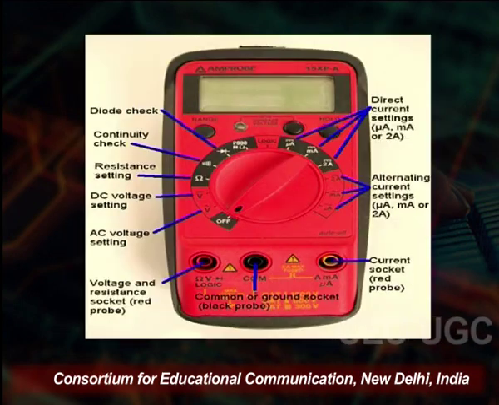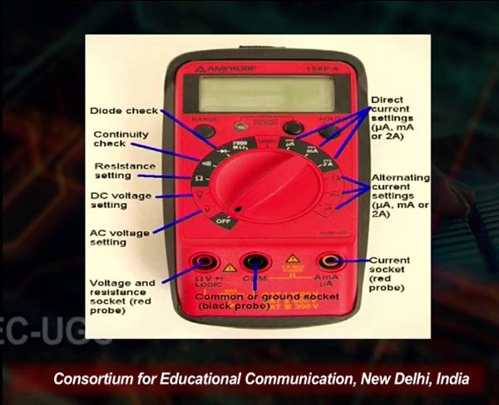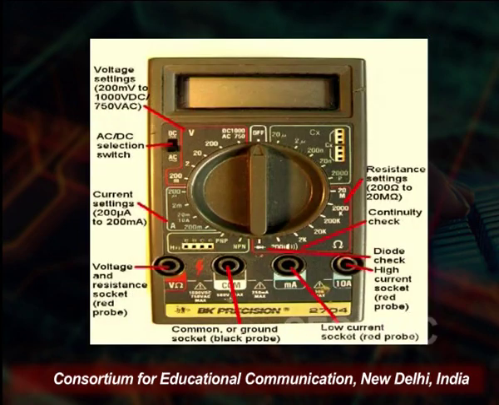This is another type of multimeter you can see. We have different types of multimeters used for different purposes, with different types of knobs and parameters we can measure. This is another type of multimeter used for measuring various parameters in an electrical circuit.